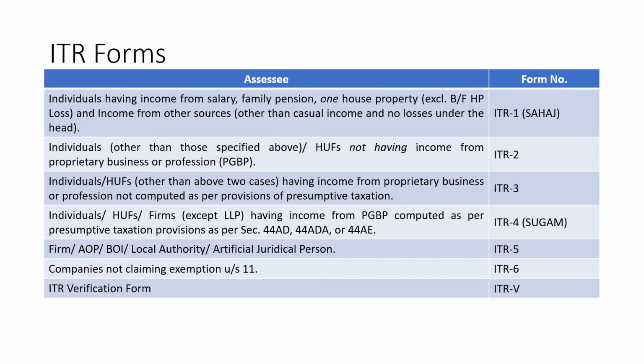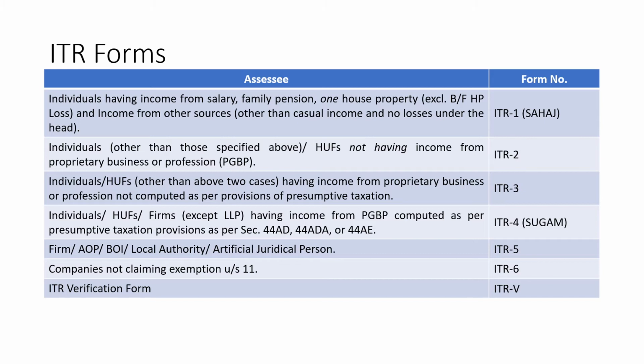For individual assessees who are having salary income, that is salaried individuals who may have family pension, may have house property income from only one house property but does not have any brought forward house property loss, and income from other sources not including casual income such as winnings from lottery, crossword puzzles, card games, etc., and no losses under the head income from other sources, the form number shall be ITR 1, which is also known as Sahaj.